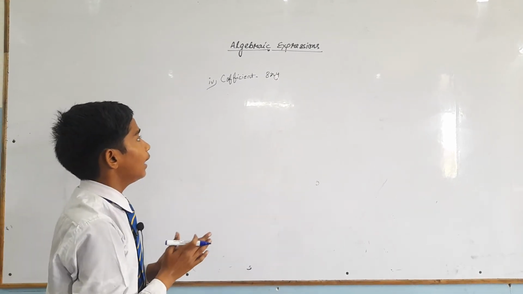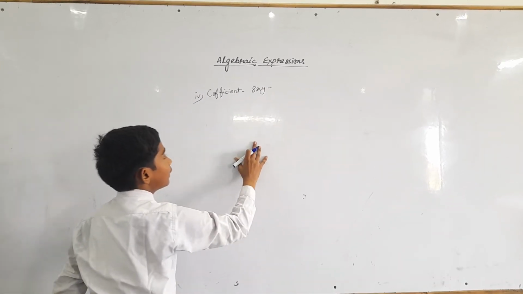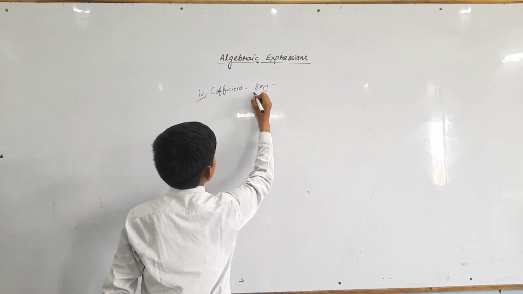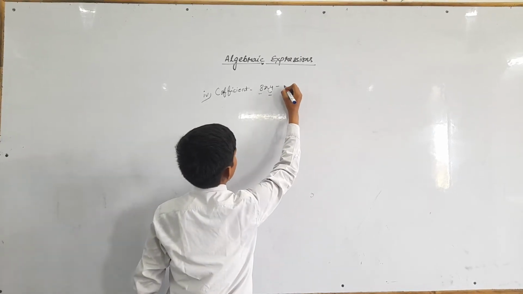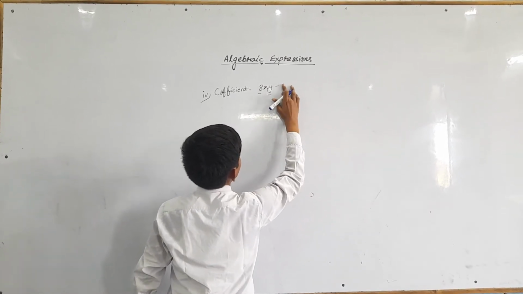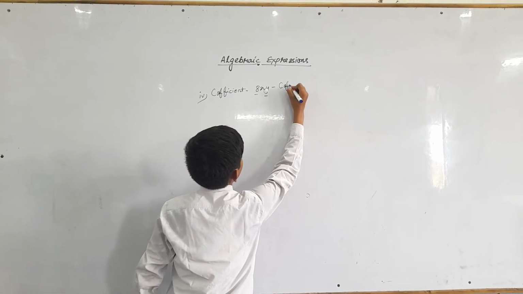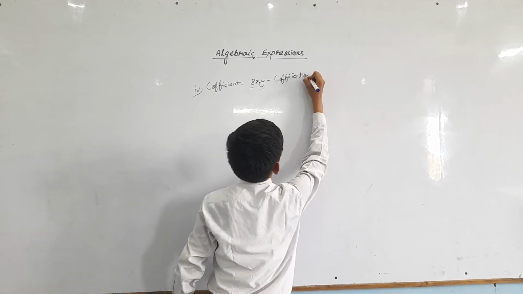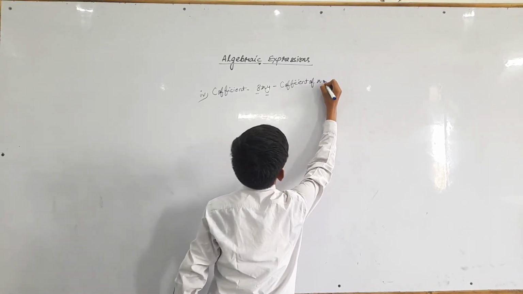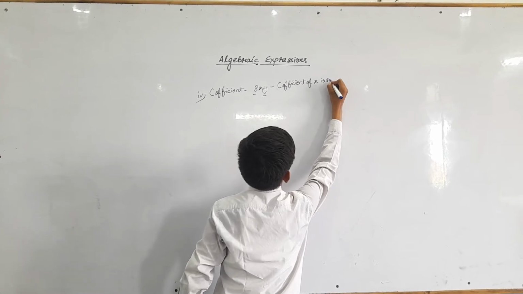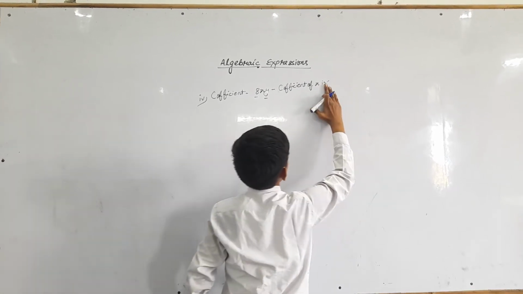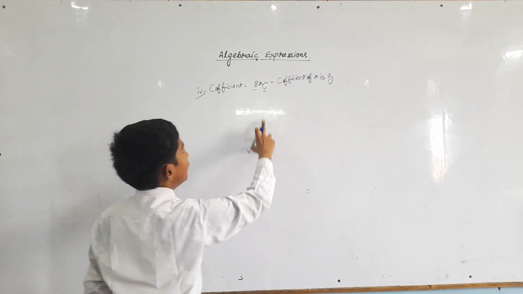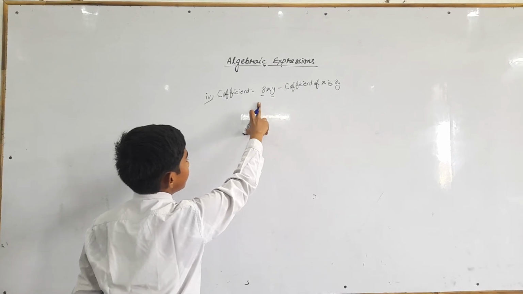When we ask for the coefficient of x, we can see that the coefficient of x is 8y. So in this term the coefficient of x is 8y.